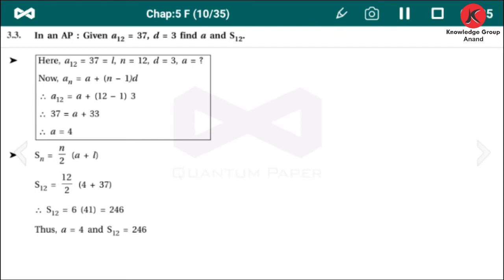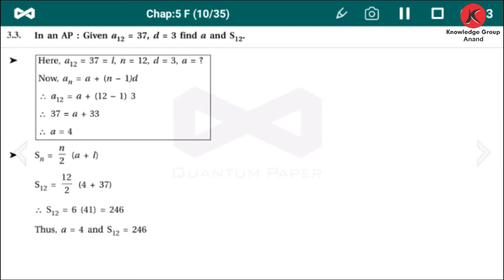First we use an = a + (n - 1) d. a12 = a + (12 - 1) into 3, 11 threes are 33. 37 - 33 = a, so a = 4. Now find Sn. S12 = n/2 (a + l). Here S12 = 12/2 into (4 + 37).